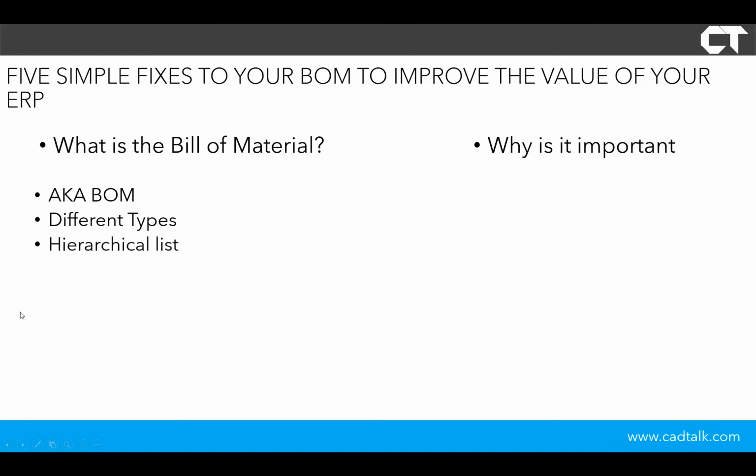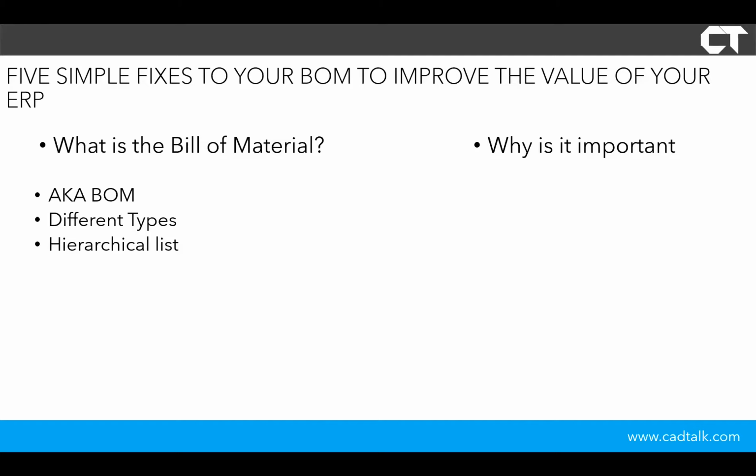So first off, a bill of material is a hierarchical list. It can often be seen as a recipe or a shopping list for components and materials that are required to build a particular product. I give an example of a recipe, right? A recipe is very simple. You're going to make a cake. That recipe tells you what the ingredients are, if you will, what are the parts that we need to use to make the end product.